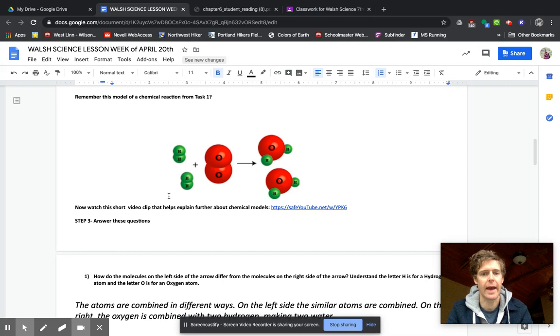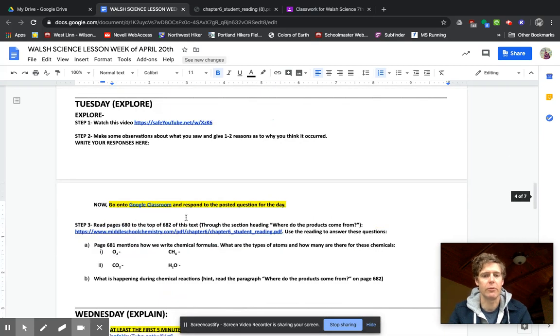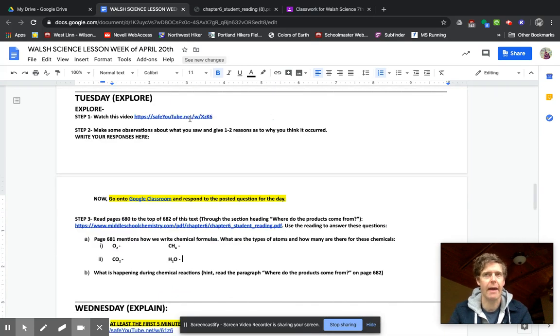So if you don't have all of this, then you don't get this. I don't get water forming if I don't have hydrogen. And I don't get enough water forming if I don't have enough hydrogen. So kind of think about that idea with today, with this video that you watch, the idea of having enough reactants to make a product.